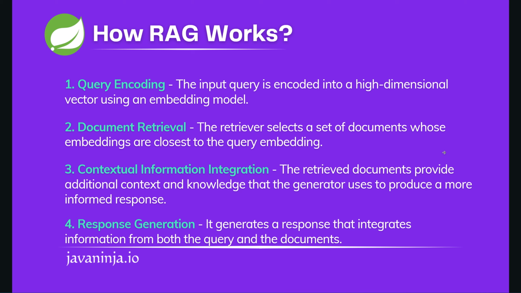It generates a response that integrates information from both the query and the documents, ensuring the output is more accurate and contextually rich. Once we receive the documents from the vector DB which are similar, we will send the documents to the large language model for generating the response.